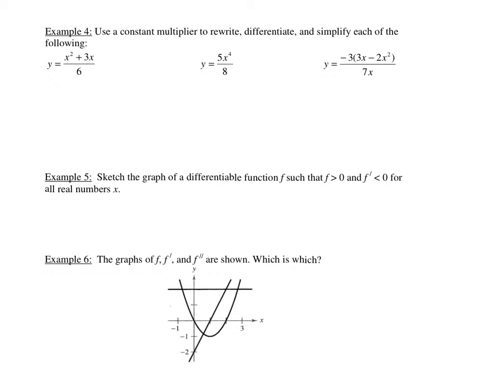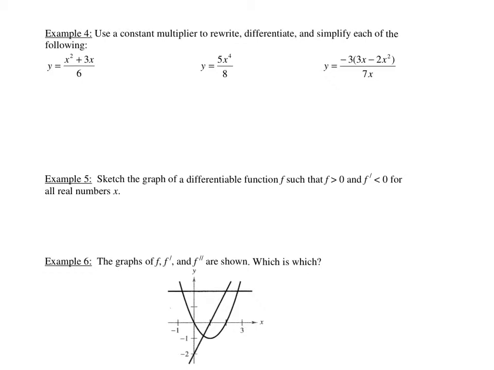Alright? Now, when we looked at limits, we said that if you take the limit as x approaches c of some constant times the function, you could take the constant out, take the limit of the function, and then multiply by that constant at the end.